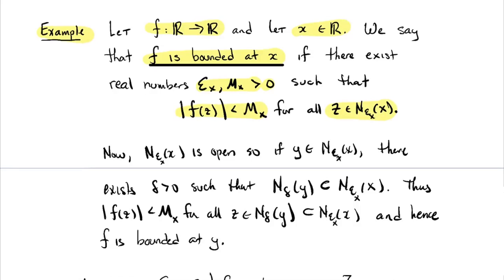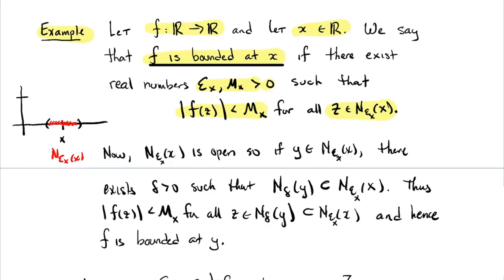I'm going to draw a little picture here as I speak. So maybe this is my number x. So this function is bounded at x if there's some epsilon neighborhood of x. I'm just going to shade it in red. So there's some radius, and for inputs inside that epsilon neighborhood, I'll write its name down here, N sub epsilon of x.